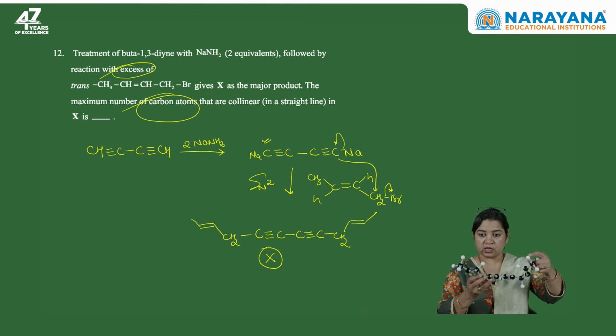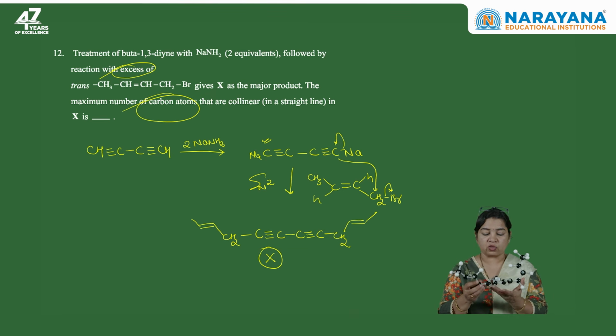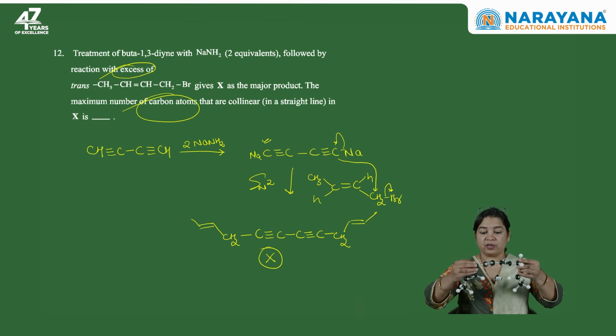Yes, about a single bond you can also have conformations, but in a straight line at any point of time, how many carbons could be in a straight line? Let us see. Let me help. 1, 2, 3, 4, 5 and 6. So whether the rotations are there or not, even if I leave it, anytime it is this 6, right?